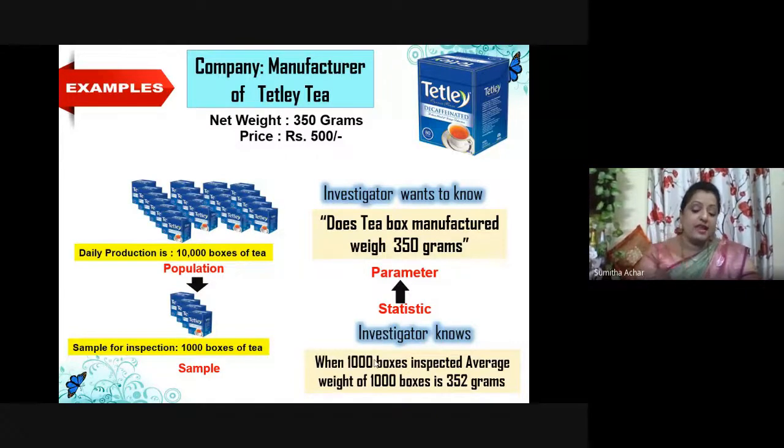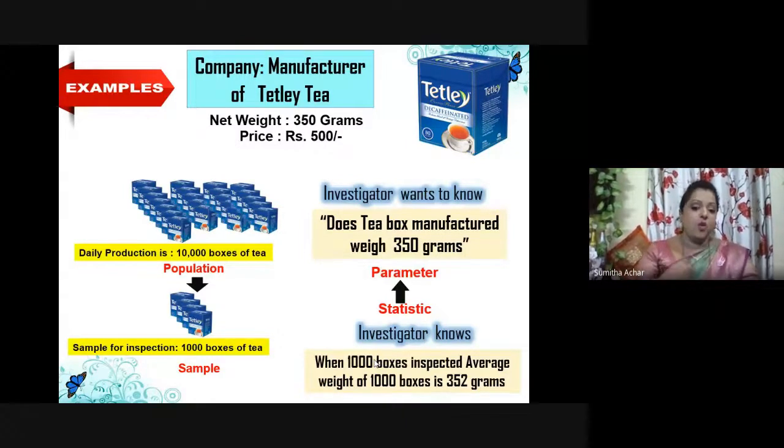So generally, what does it mean? It means the company is claiming 350 grams, and I have received 352 grams from the sample data. That means the difference between 350 and 352 grams is 2 grams, and that 2 grams is an absolute difference, and that is my standard deviation.